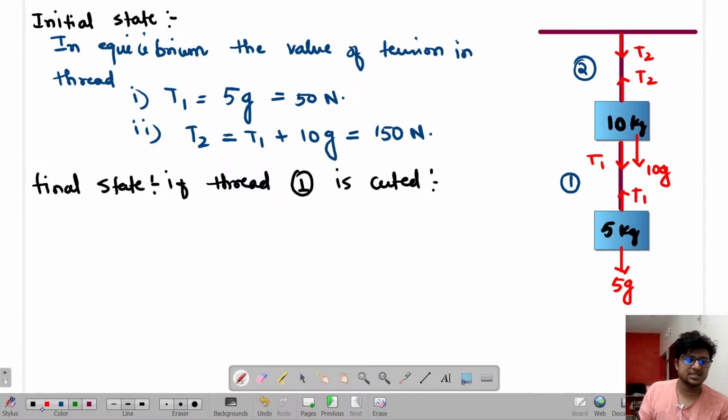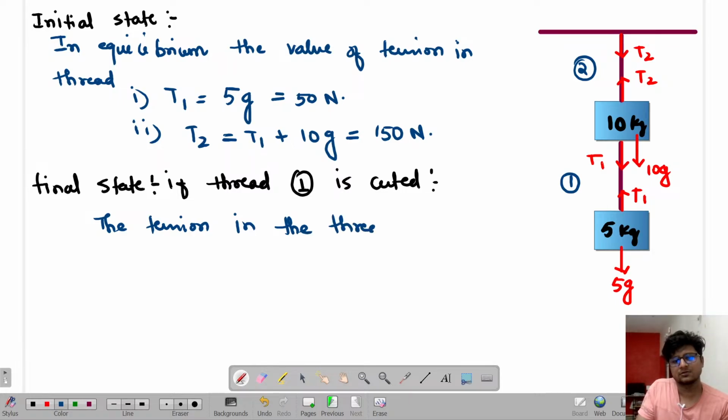Instantly the tension in thread 2 will become how much?